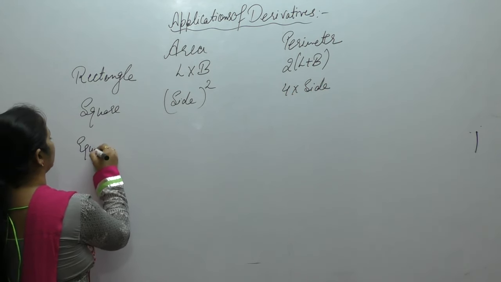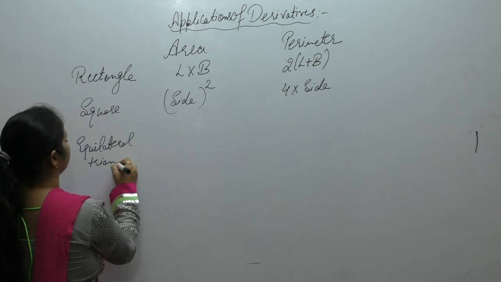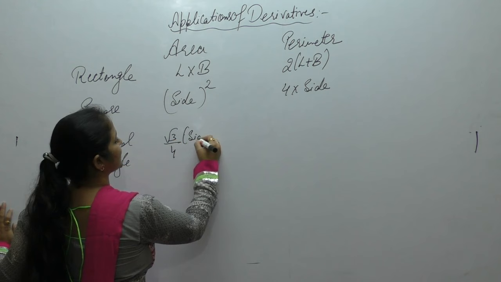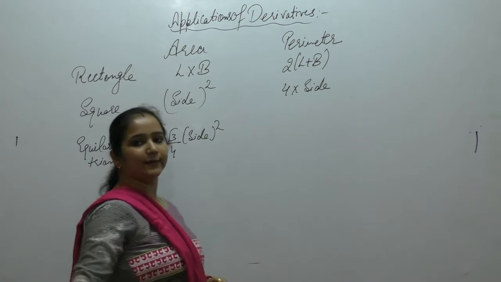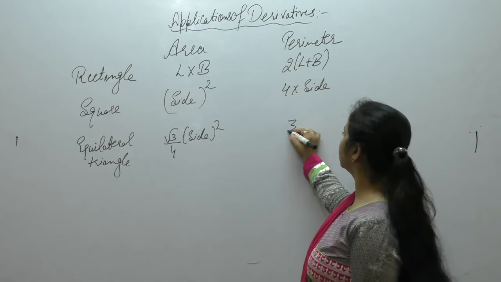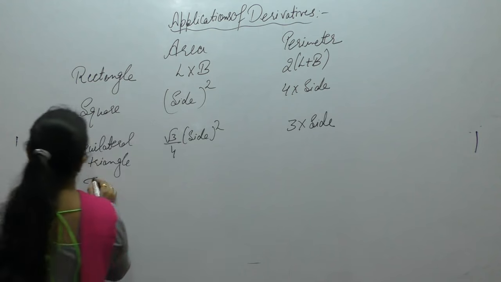Area of equilateral triangle, root 3 by 4 into side square. And perimeter of equilateral triangle, 3 sides are equal, so we can write perimeter as 3 into side.